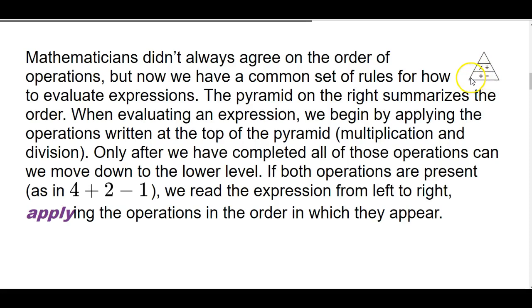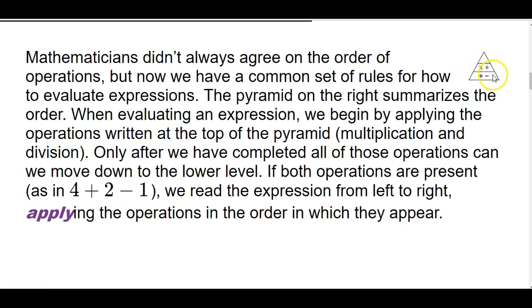Now sometimes people remember, you know, please excuse my dear Aunt Sally, right? And they say, okay, so we've got to do the parentheses, then exponents, then multiply, then divide. Well, that's not really true. Multiply and divide, as you can see in the pyramid here, are on the same exact level. So you don't always do multiplication before division. You do whatever you see first as you go from left to right, just like we read from left to right. If you see a division before you see a multiplication, you're supposed to divide first, and then you can multiply.